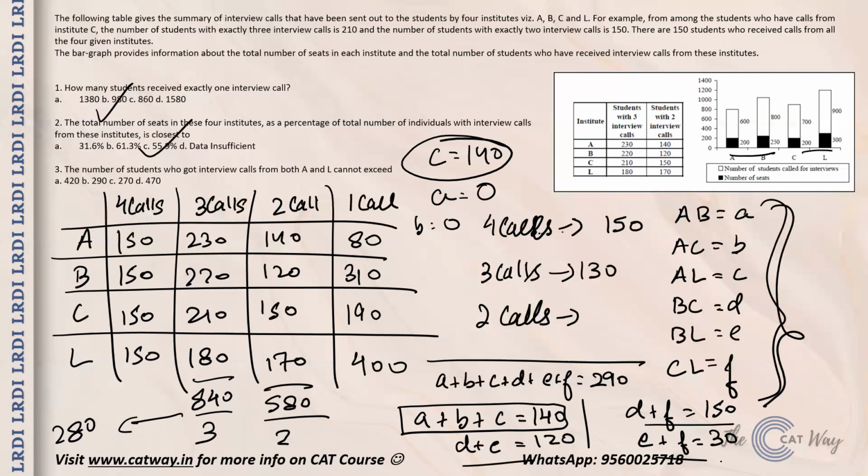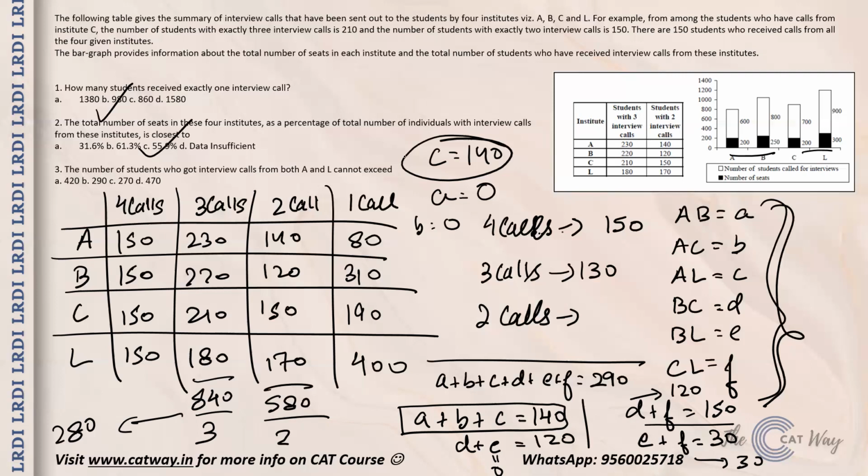You can have E equal to 0. In that case, F will be equal to 30, and D will be equal to 120. And no condition is being violated.